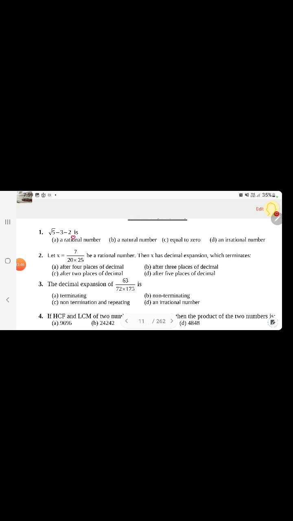So, obviously, the answer is an irrational number. The sum or difference of any two non-zero rational numbers, you have learnt, is an irrational number. The answer is an irrational number.